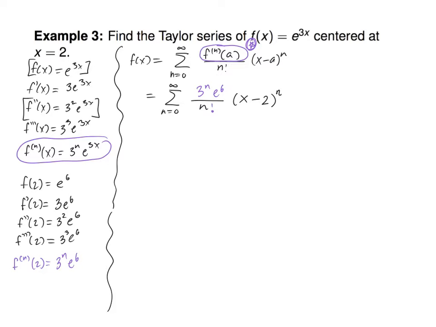What these things are good for is estimating what a function is near a point. Like if you wanted to know e to the 3x near x equals 2, you could use this to approximate it.